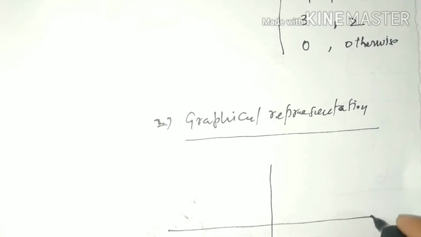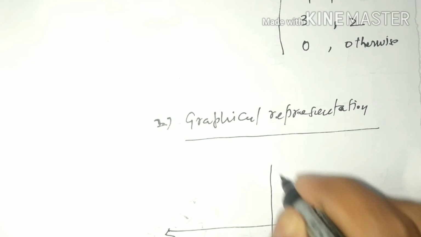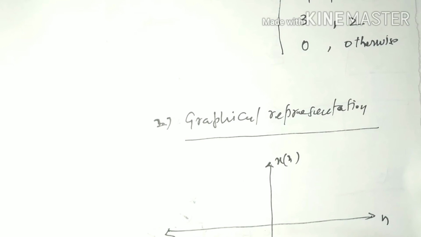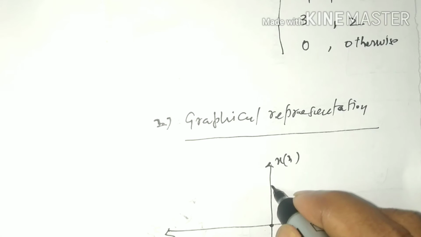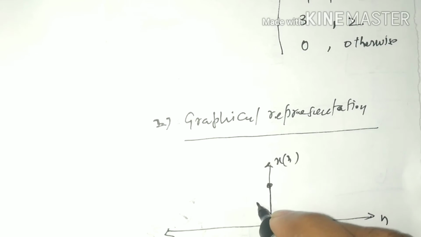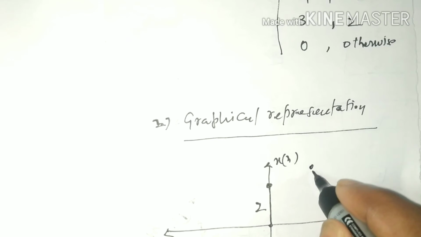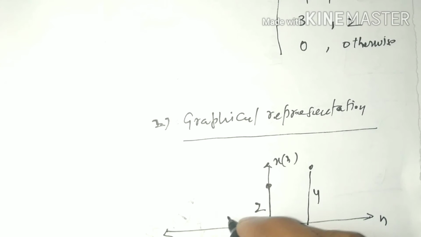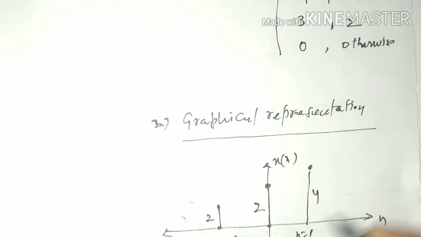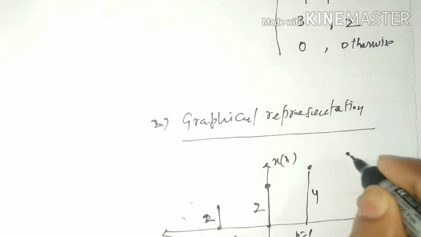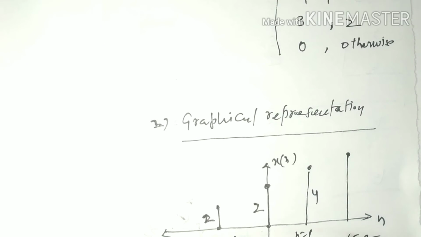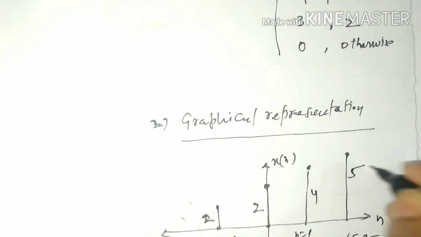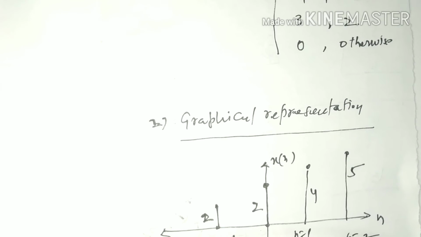If x[n] is like this: at n equal to 0 it is this one, at n equal to 1 it is this one, at n equal to minus 1 it is this one, it will be 1, and at n equal to 2 it is like that, then this type of representation is called graphical representation.